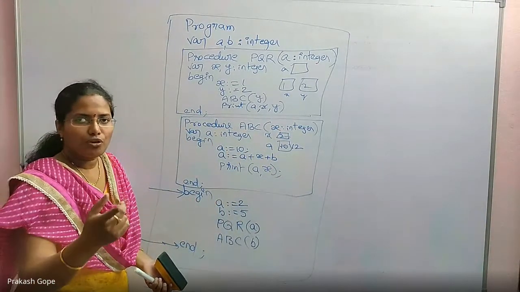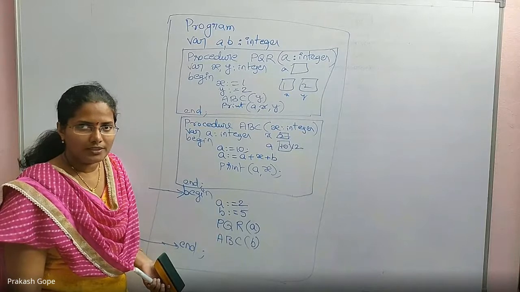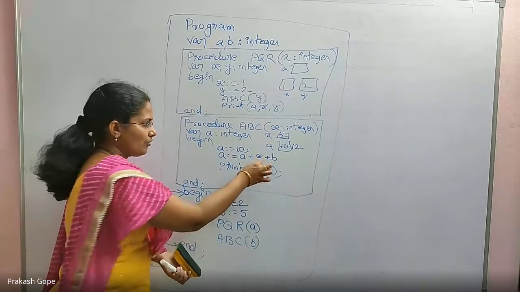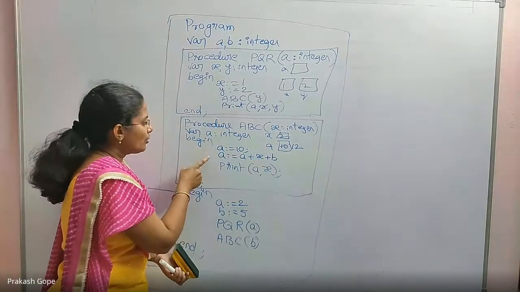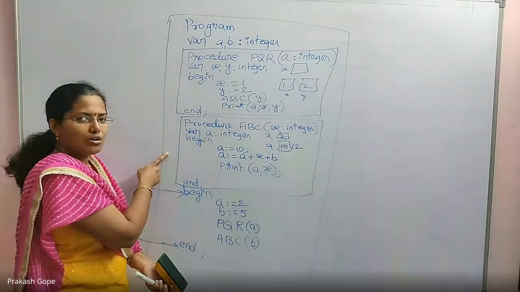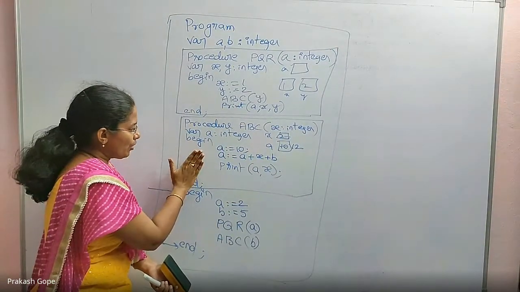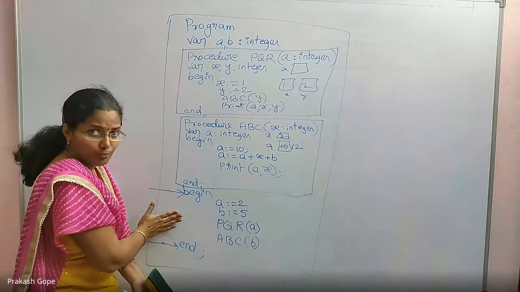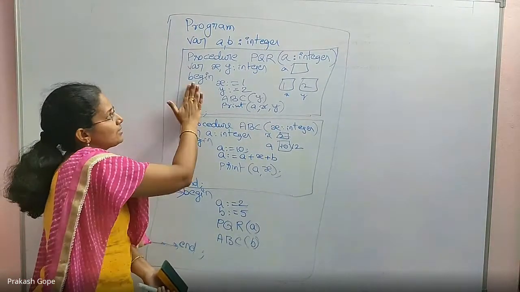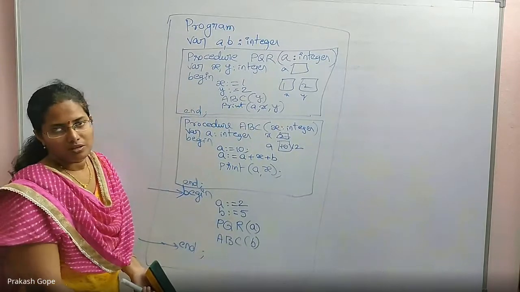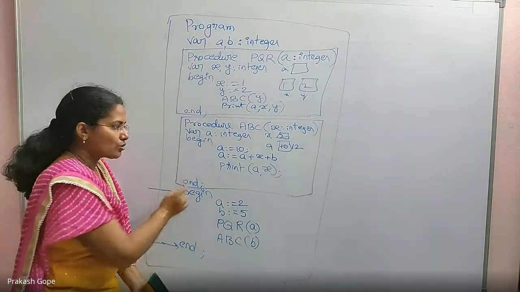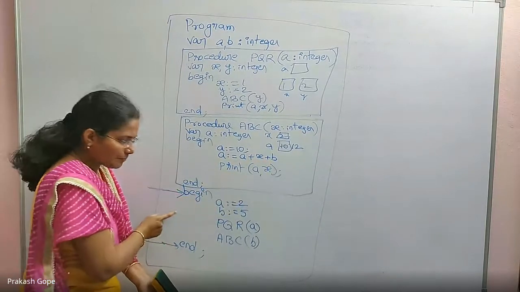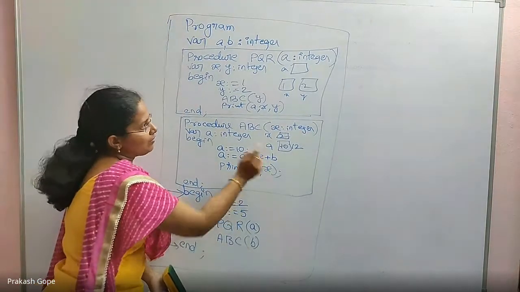The question says follow the static scope, and then what is the answer? So static scope says whenever you don't have a locally declared variable, you should try to access the outer block's variable. For this block, the outer block is the main program. This is not the enclosing block. So you will try to access B of the main program. So 5 will be used.